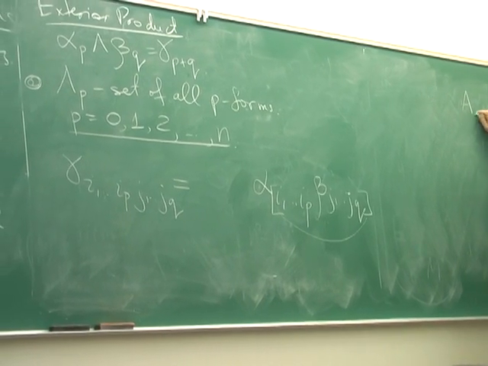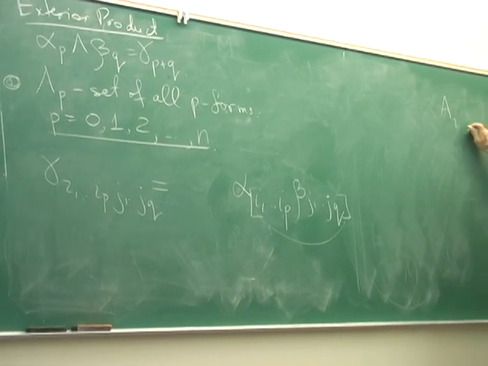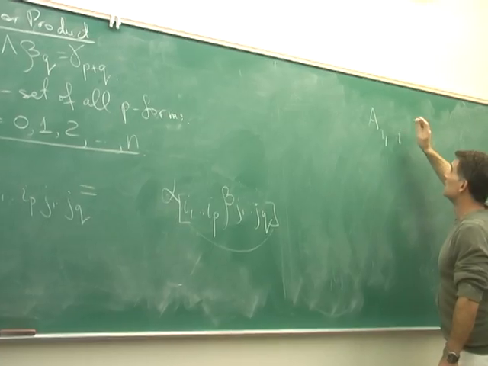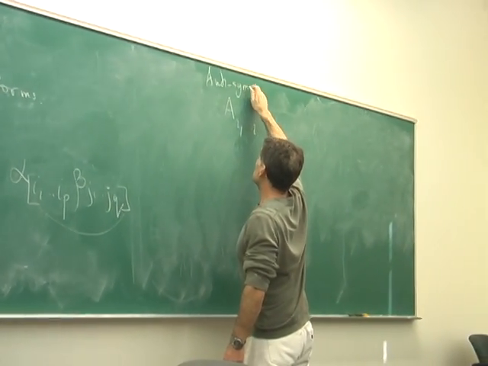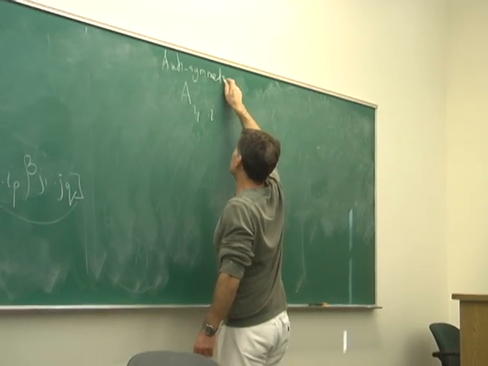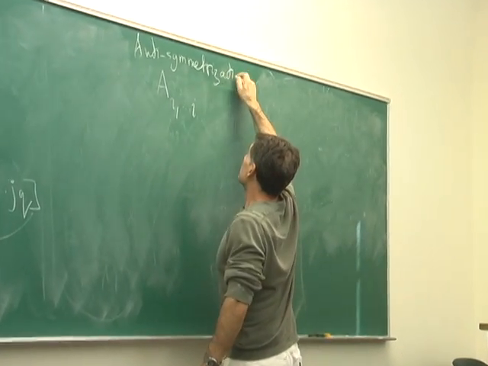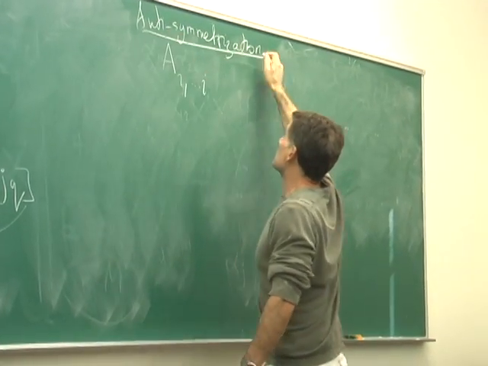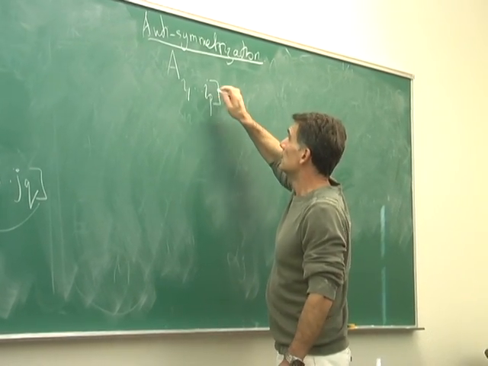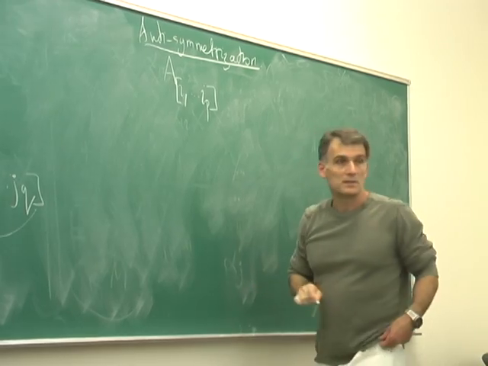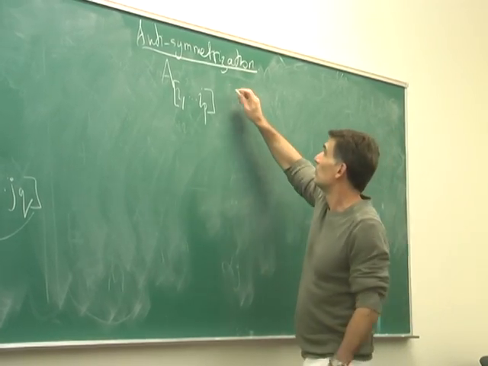Let's say you have a tensor with indices I1 to IP, and you antisymmetrize. So what is this?